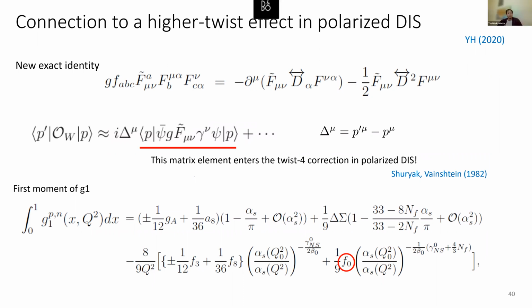I don't know if it's already on the schedule for the discussion of the Yellow Report, but polarized lithium or nitrogen ions will provide additional information on the EMC effect. The polarized EMC effect will help us pin down the physics mechanism for the EMC effect. So that's one of the important things they can do.